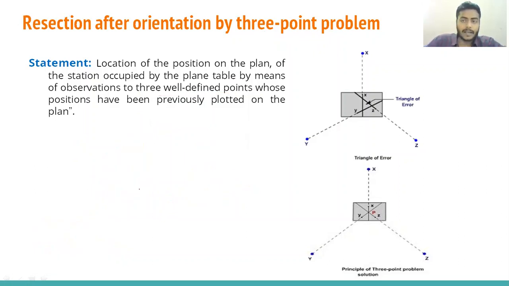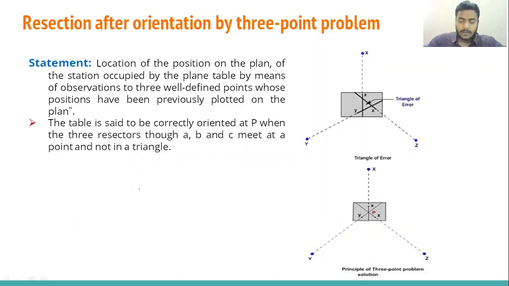How can we know that orientation is done? We say orientation is done when all the three rays meet at a point. If they do not meet at a point and instead make a triangle, that is called the triangle of error.